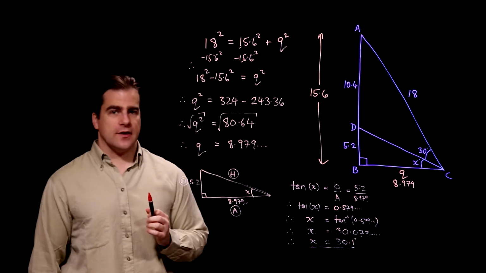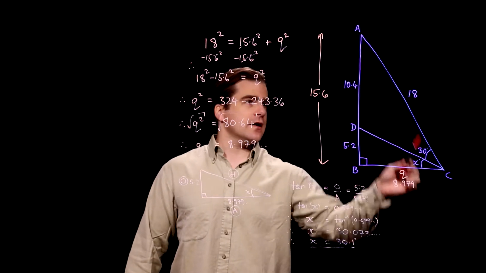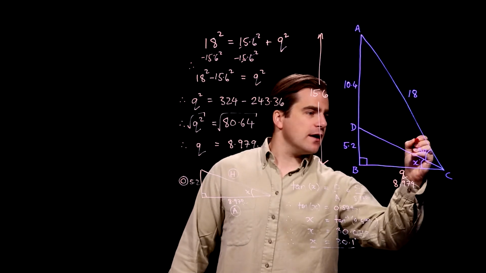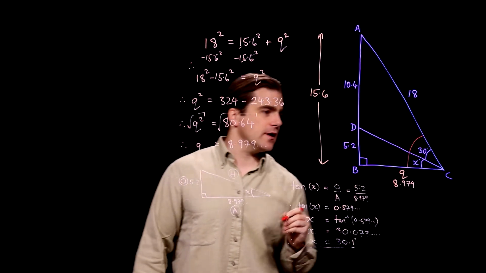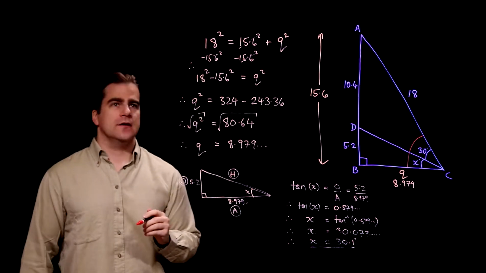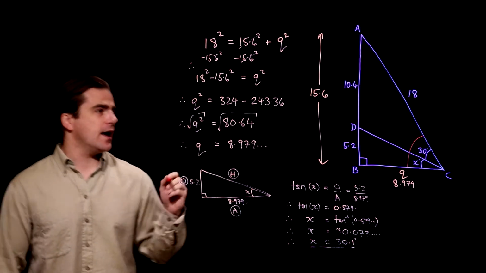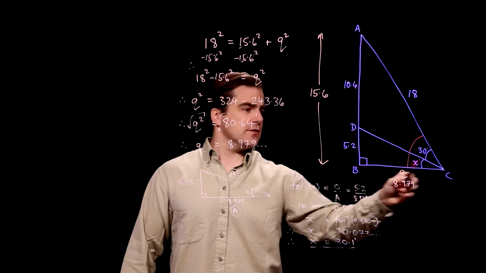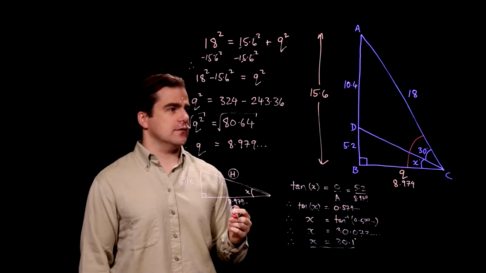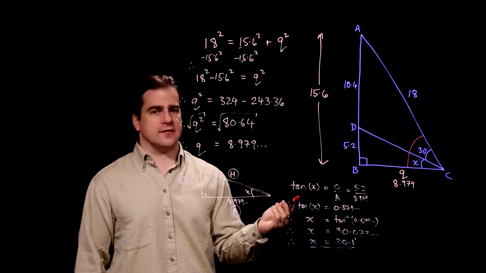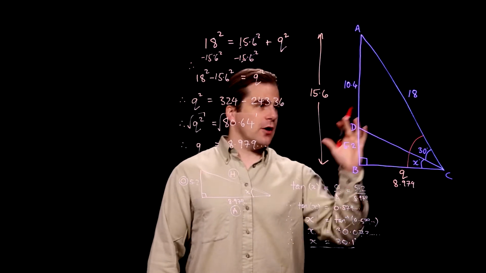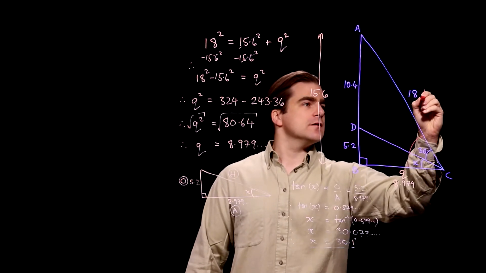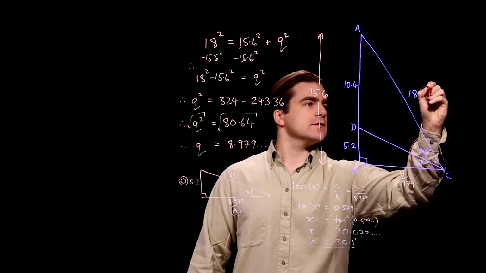The other way of doing it is looking at the whole triangle and treating this whole angle as one. Okay? So we have to label the whole triangle using adjacent, opposite and hypotenuse. So the whole thing, the hypotenuse is the one opposite the right angle, so that is the hypotenuse.